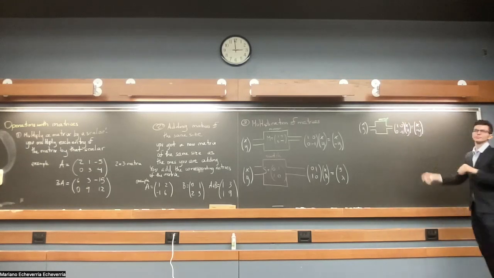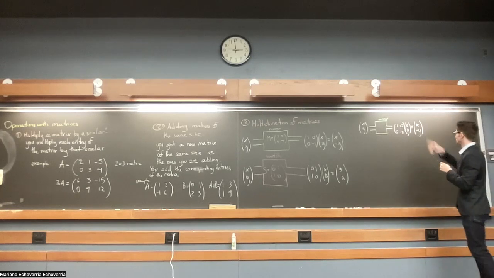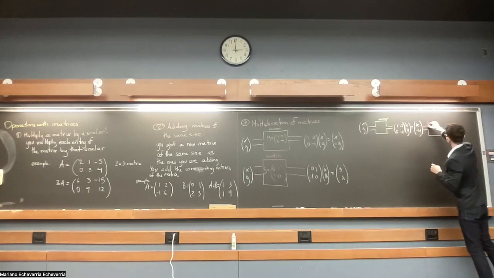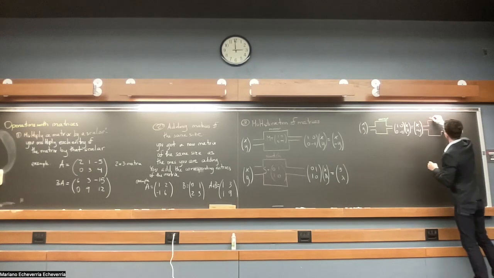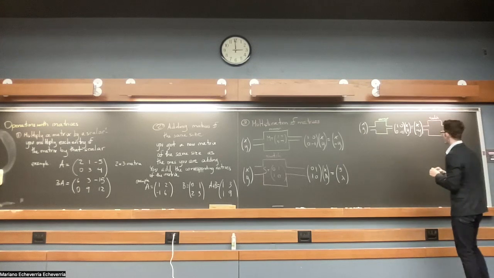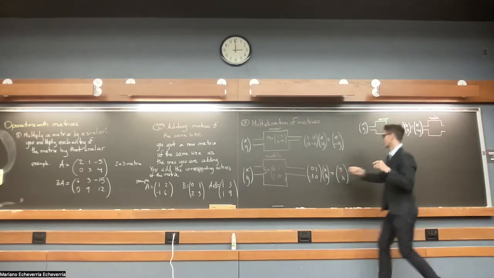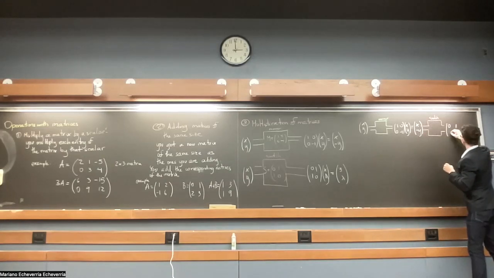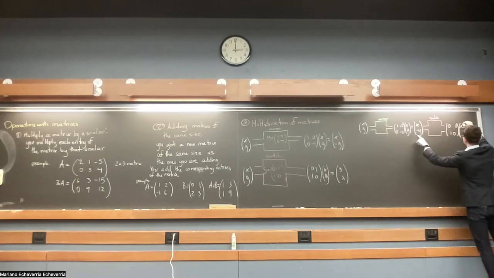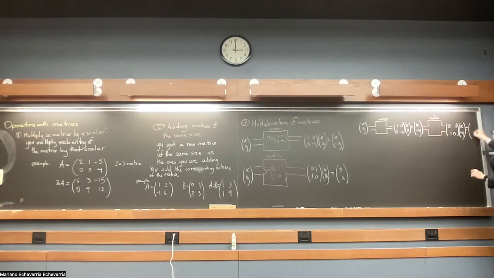Now I'm going to use this vector as the input for the second process, so I switch. It's multiplying by the matrix 0, 1, 1, 0, but now the input is x, negative y. The switch sends the second entry to the first entry, and the first entry to the second entry.